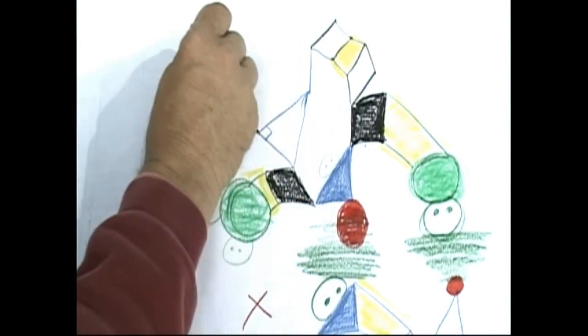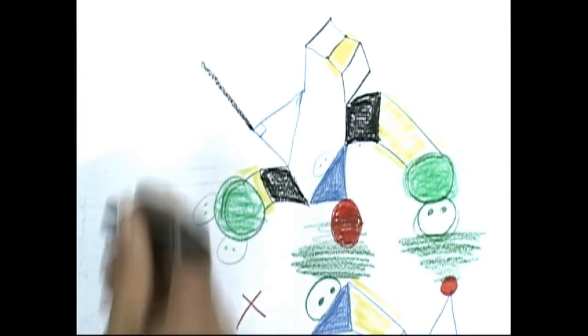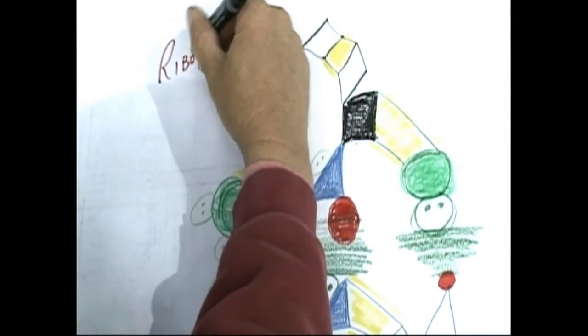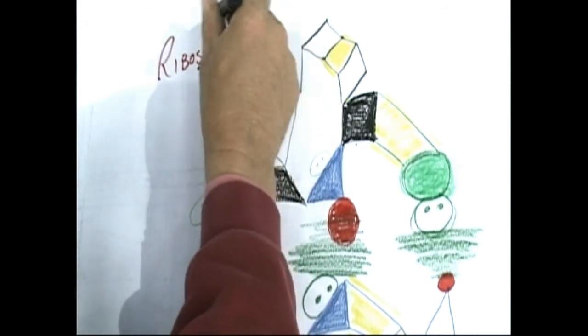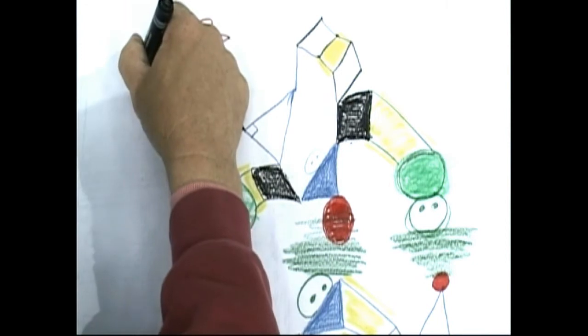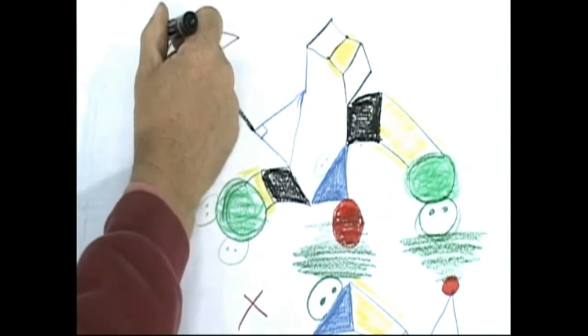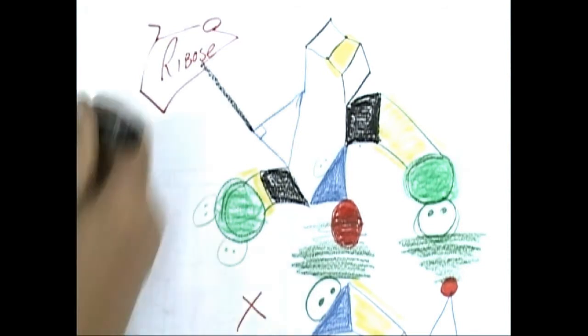This goes to the ribose. And the ribose goes to the phosphate.